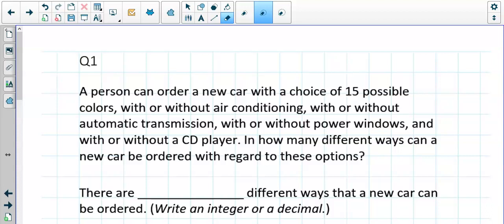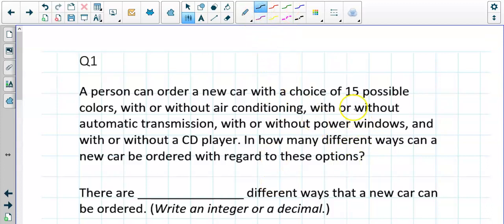But the thing that you have to ask yourself is, remember when you started chapter 11, there are 3 ways that we can count up totals. You've got the fundamental counting principle, you've got permutation, and you got combination. So what kind of problem is this? This is one of those fundamental counting principles because you have different groups to be selecting from.